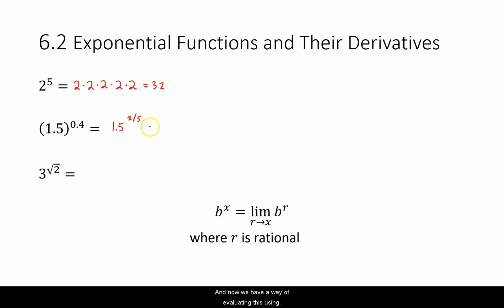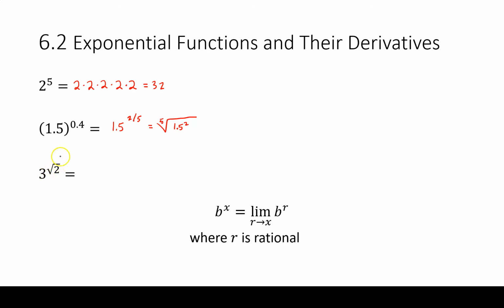And now we have a way of evaluating this using radicals. So this would be the same as the fifth root of 1.5 squared. So anytime we have a rational exponent, we always have a way of evaluating it using a radical. Now the question is, what if we have an irrational number in the exponent?